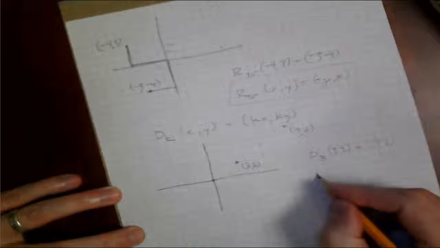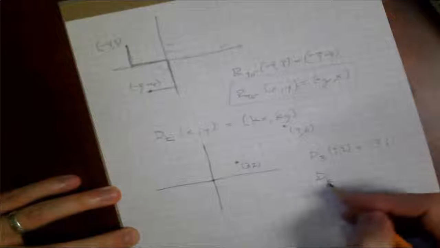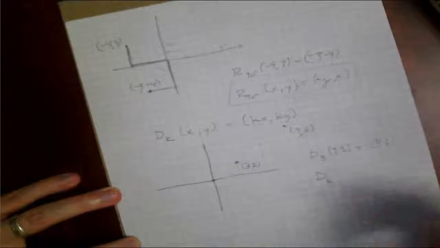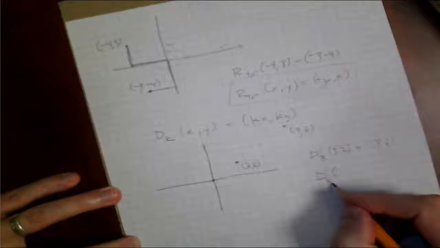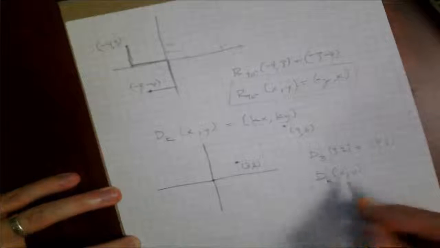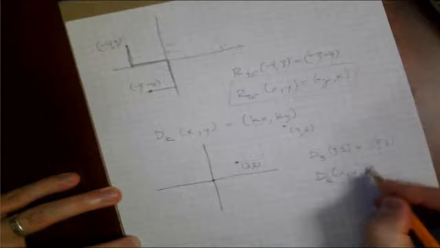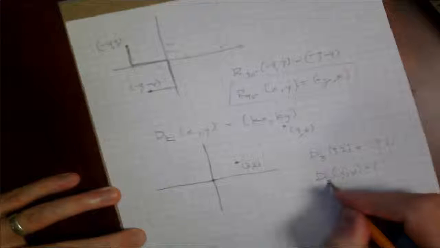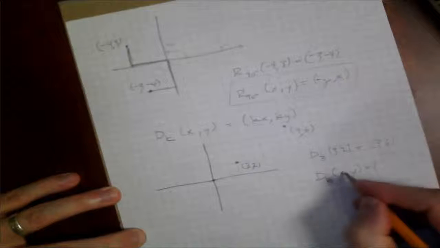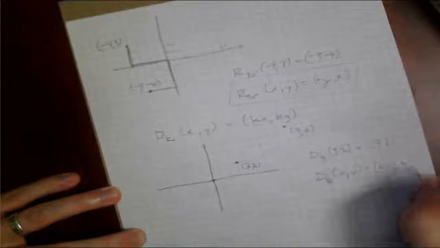So for dilations in general, if it's any value, so it could be 1/2, it could be 2, it could be 4, any value of dilation about the origin, the point x, y turns into whatever that number is times x, so kx, and whatever that number is times y, ky.